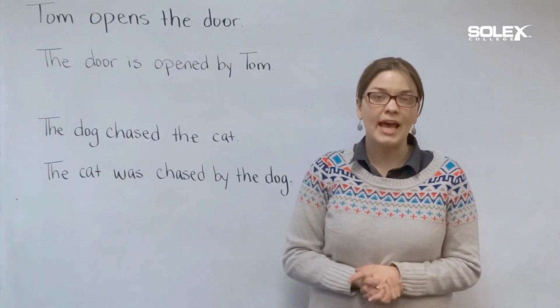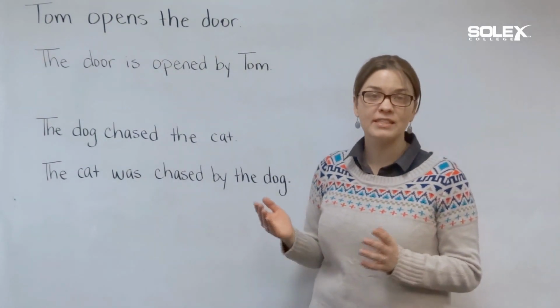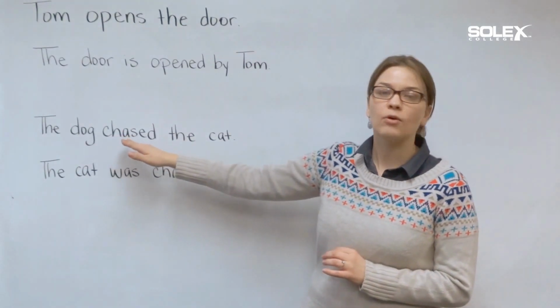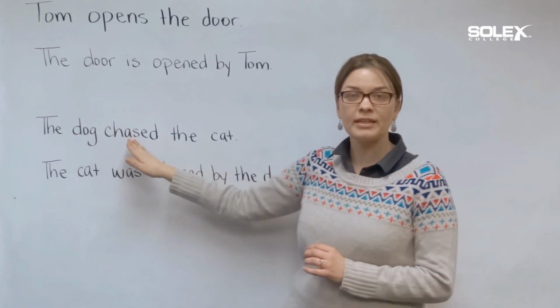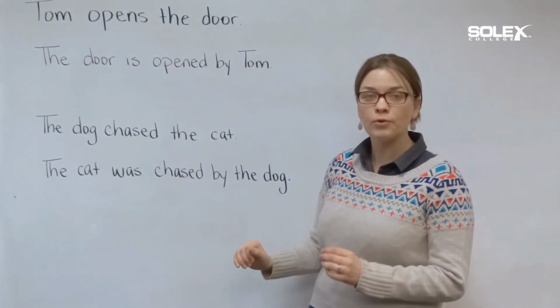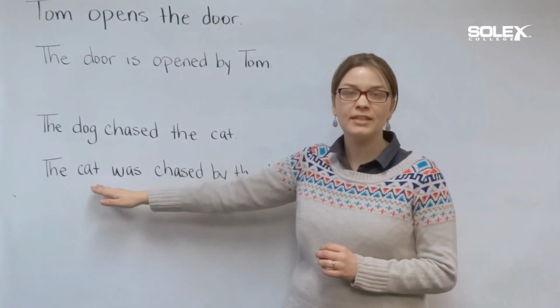Both sentences have the same meaning, but our focus of the sentence has changed. In the active voice, our focus is on the dog. He's performing the action. But in the passive voice, our focus is on the cat, the thing receiving the action.